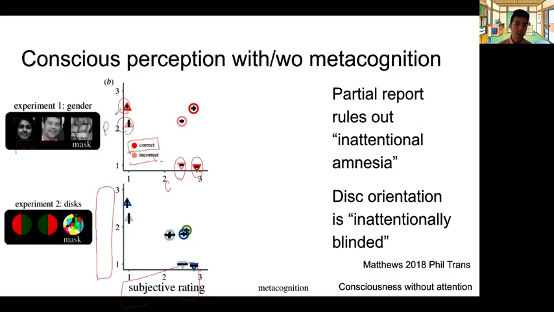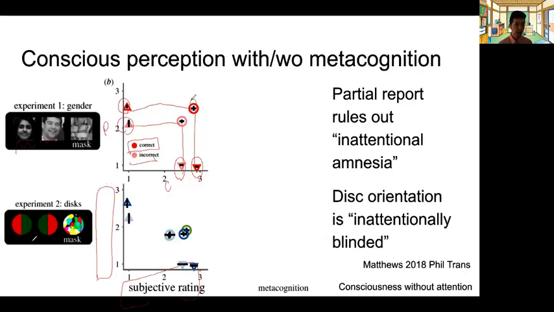And for the dual task as well, when the task was correct, the confidence rating was high, but if it was incorrect, the confidence rating was low. So there is metacognitive access to whether you are correct or incorrect.